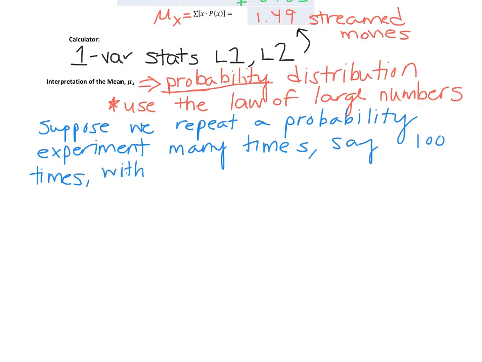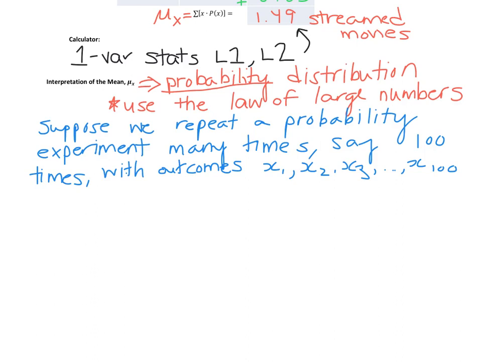Every time we repeat this experiment, we write down how many tails we had. So maybe the first time we had 0 tails, then 2 tails, and then 1 tail, and then 1 tail, etc. And so if we do our experiment 100 times, we're going to have 100 values from our probability experiment.